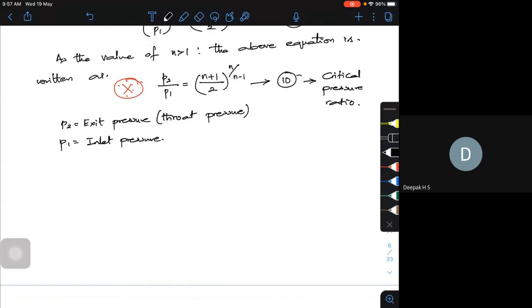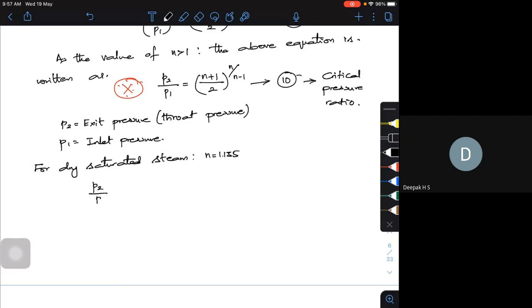For dry saturated steam, what is the value of n? Already I told it will be 1.135. Let me substitute that.